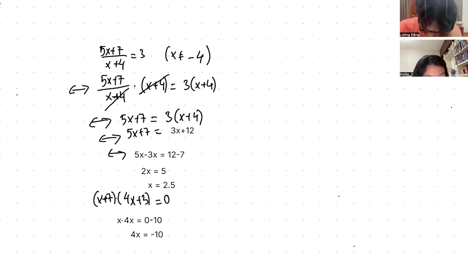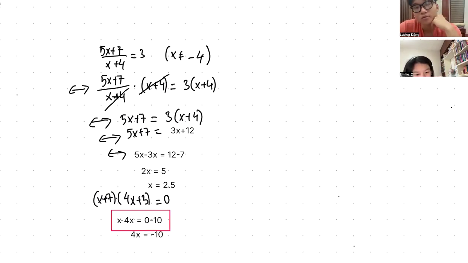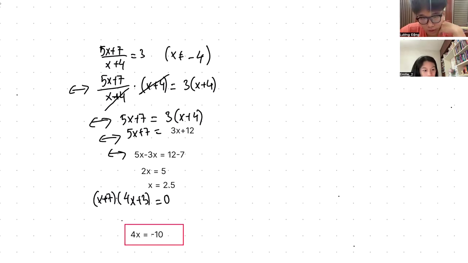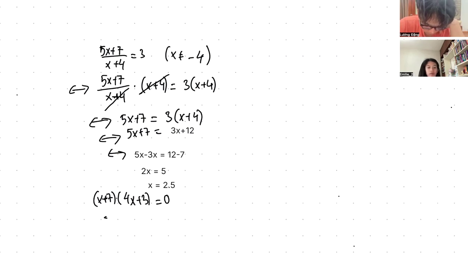Okay, so do you still remember the rule that any number multiplied by zero is zero? So this equation means that we have either x plus 7 is 0 or 4x plus 3 is 0.